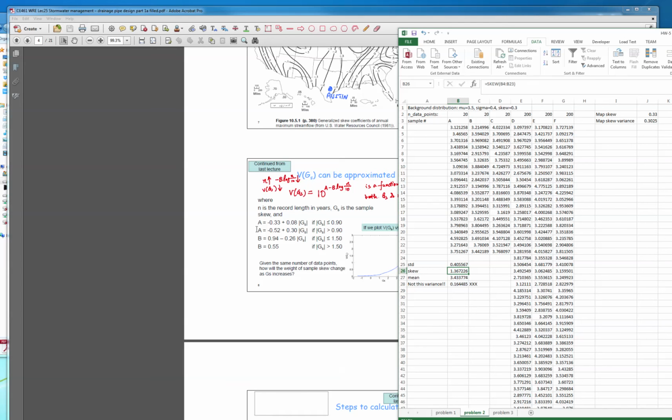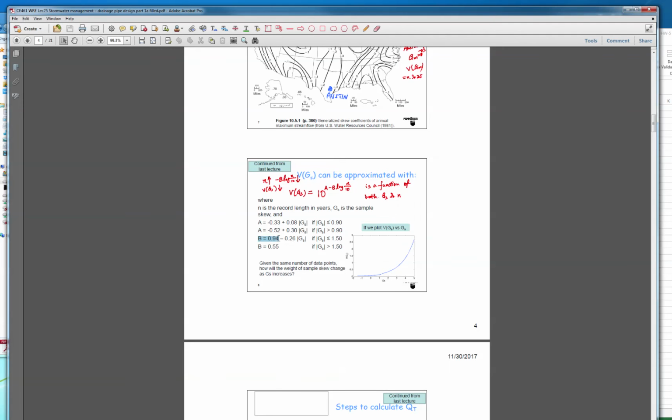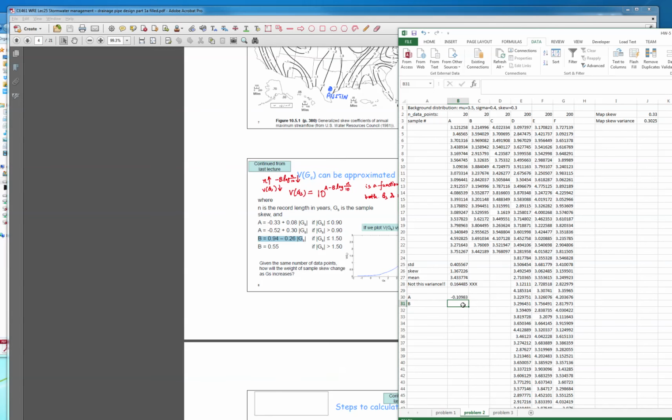So it fits in this category when you are trying to calculate A. So A is equal to minus 0.52 plus 0.3 times the absolute value of the skew. And then B, because this is 1.36, which is less than 1.5, we select this formula. So B is equal to 0.94 minus 0.26 times the absolute value of that skew.